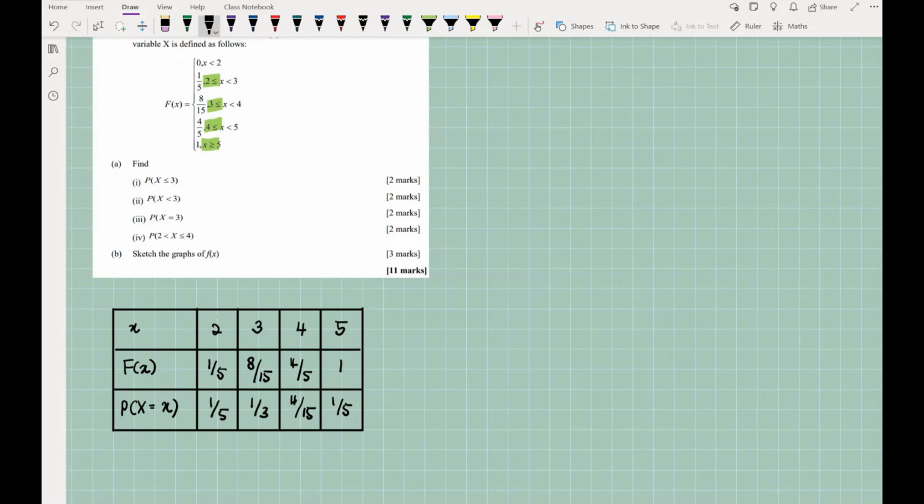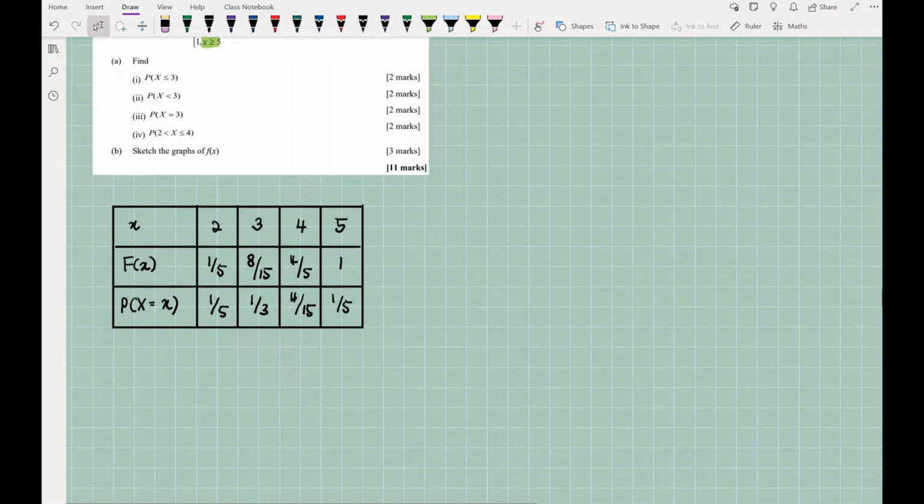Fill in the table based on this. Look back here, there is an equal sign, that is why I take the values 2, 3, 4 and 5. So we are going to create the table. Capital F(x) for x equal to 2 is 1/5, and then x is equal to 3 is 8/15, and then I have here 4/5, and last is 1. Please take note, this is my CDF. So how do I find my PDF? It is actually not necessary, but let's find it anyway.